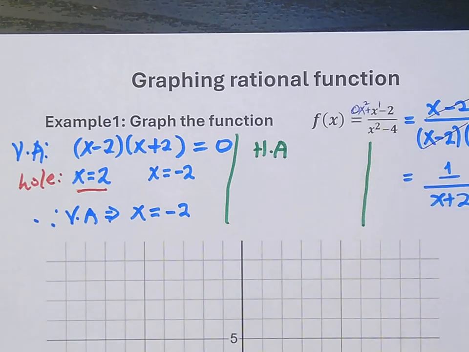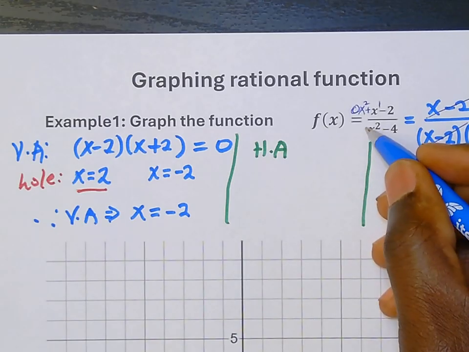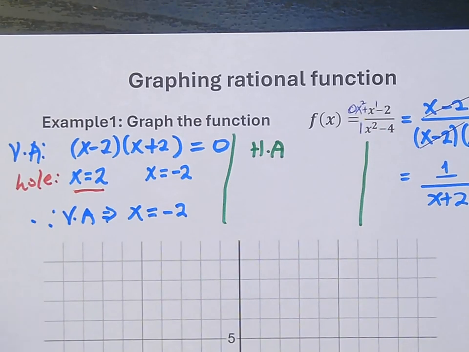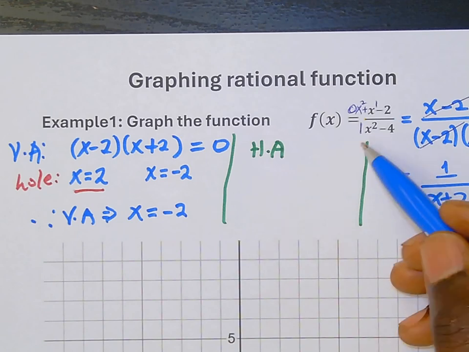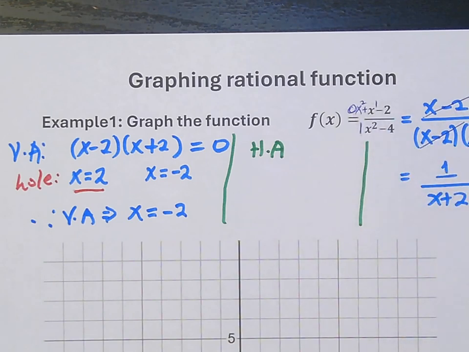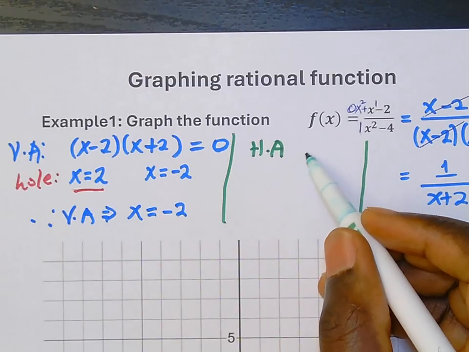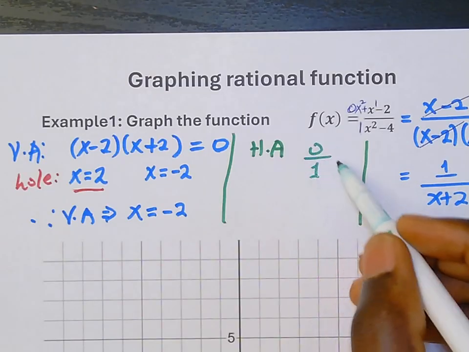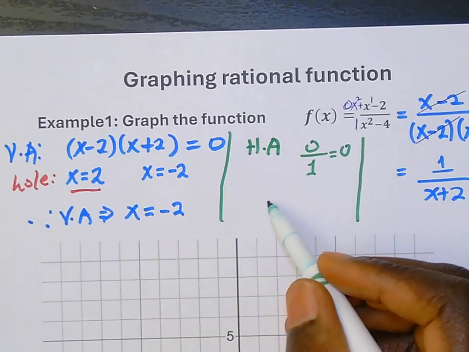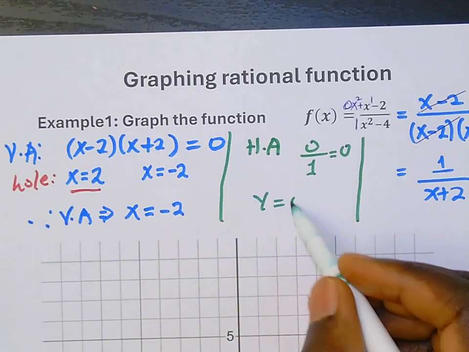So now I can divide the leading coefficients. The leading coefficient is the number that is multiplying the highest degree term. Here I have a 1, here I'm going to have a 0. So if I divide, I get 0 over 1, which is equal to 0. Therefore my horizontal asymptote is y equals 0.